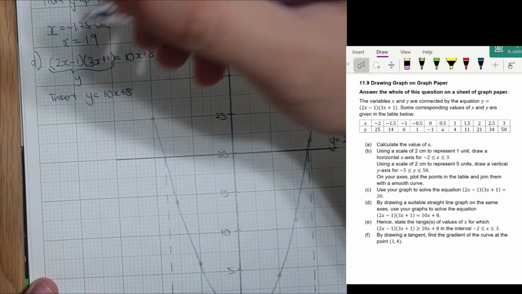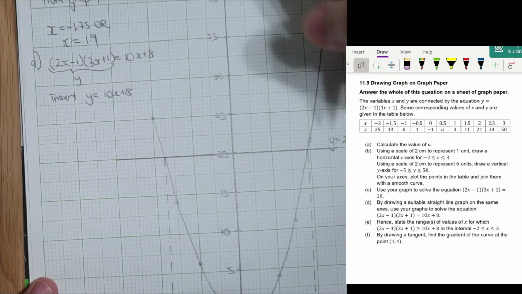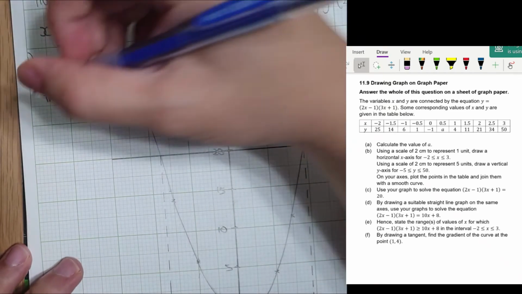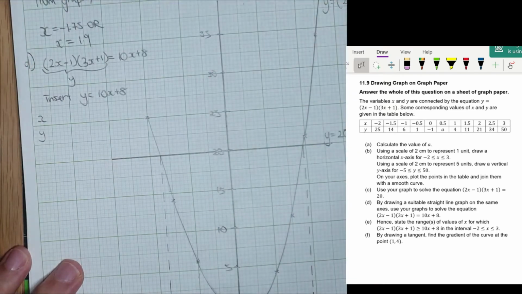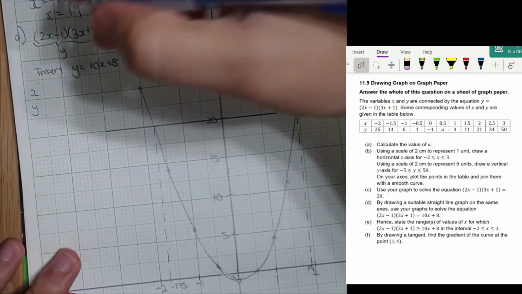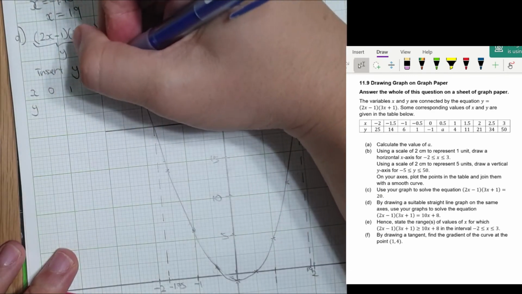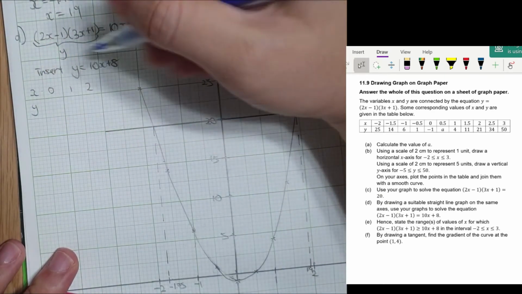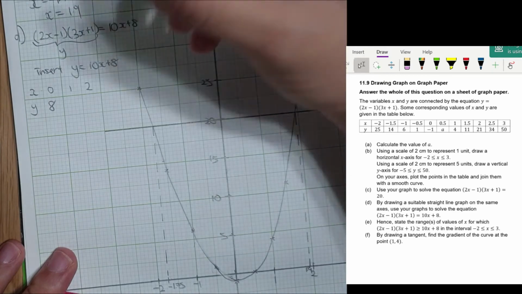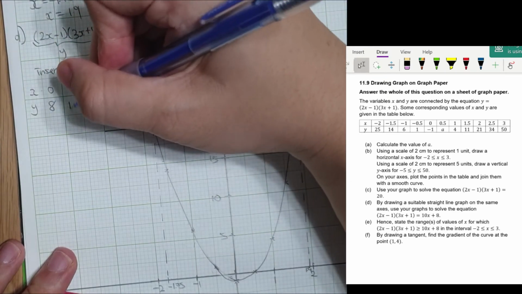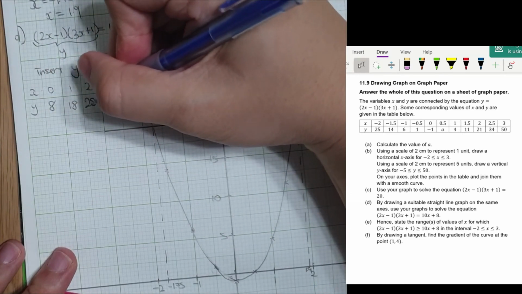When you need to insert a new line, draw an input-output table. Choose 3 values of x. I will use 0, 1, and 2. When x is equals to 0, y is equals to 8. When x is equals to 1, y equals to 18. When x is equals to 2, 28.